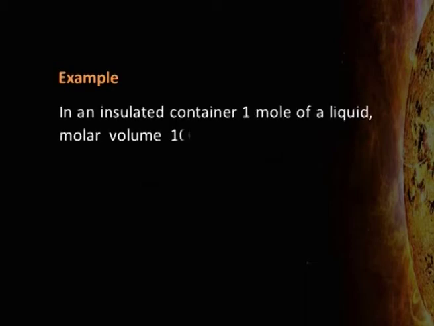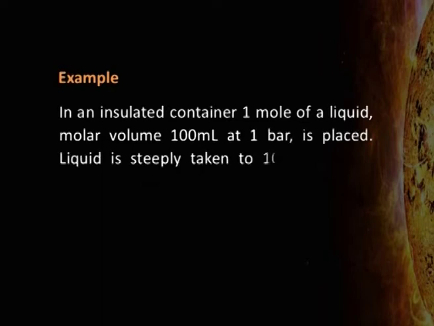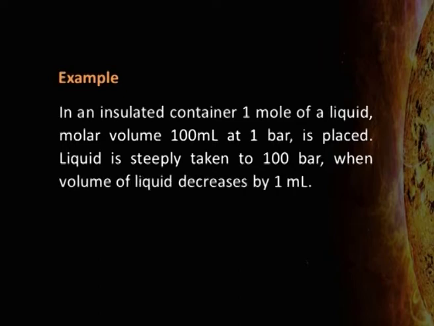We can also correlate delta H and delta E when volume change takes place in a liquid. Here is an example to understand that. In an insulated container, 1 mole of a liquid with molar volume 100 ml at 1 bar is placed. Liquid is steeply taken to 100 bar when the volume of liquid decreases by 1 ml.